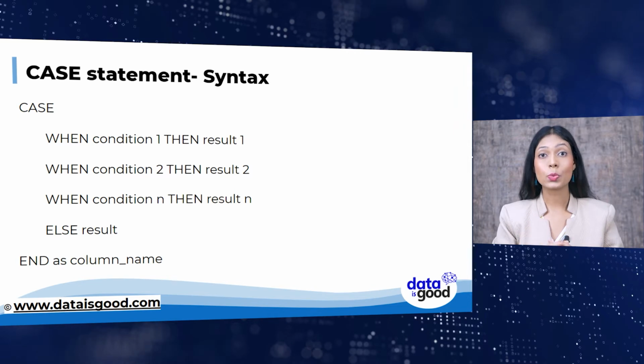In such a case, we provide the final result after the else keyword in the case statement. And finally, we end the entire case using the end keyword, and we provide the as keyword to provide the column name in which we want to store the result.